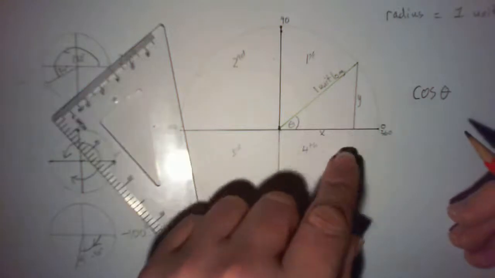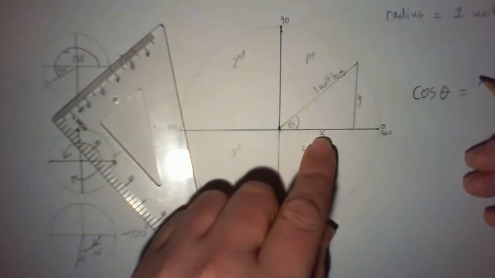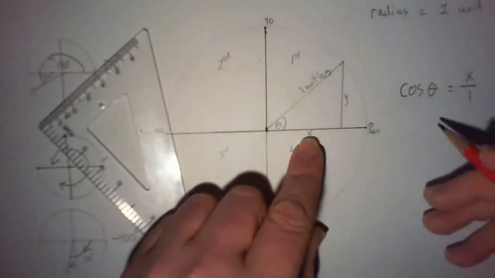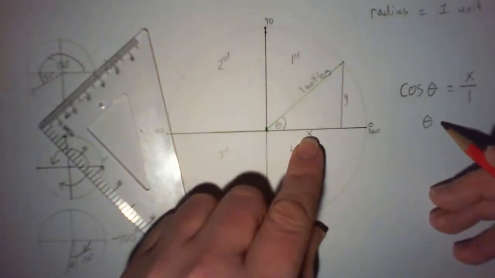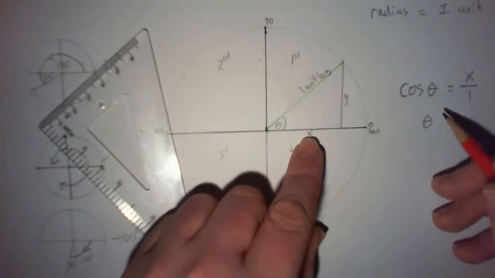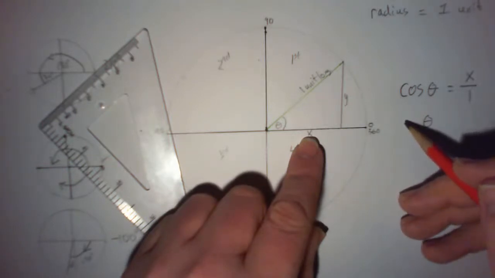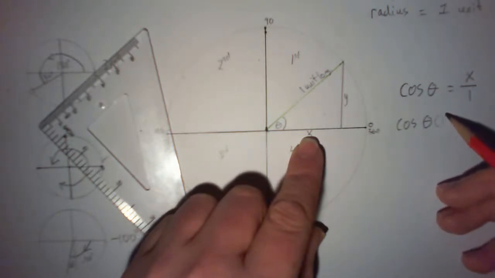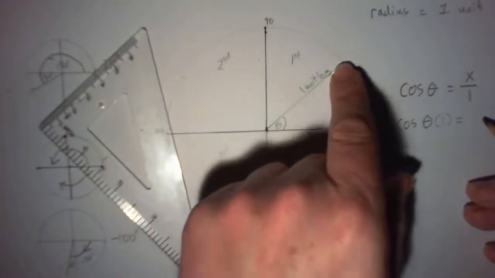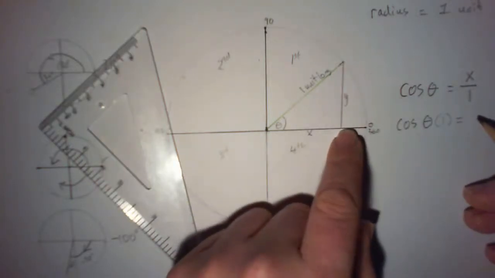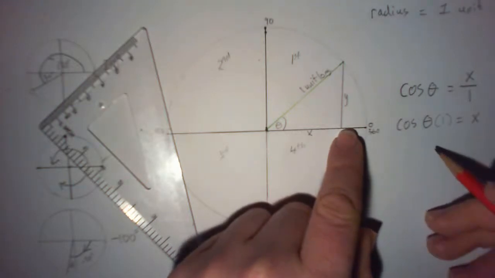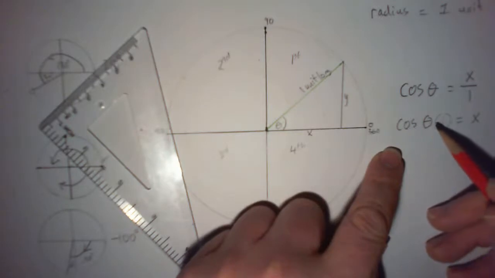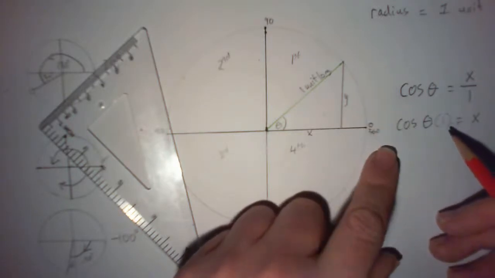Sorry, cos of theta is adjacent over hypotenuse, which is 1 unit, which means that cos of theta times 1 is equal to the coordinate at x. It's that point there. Okay, so park that in your head for a second. X is going to be the cos of theta because it's times 1, so it's just the cos of theta.